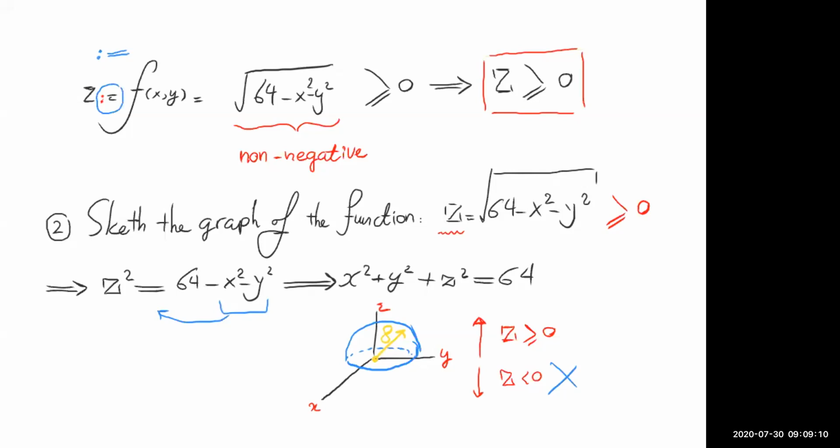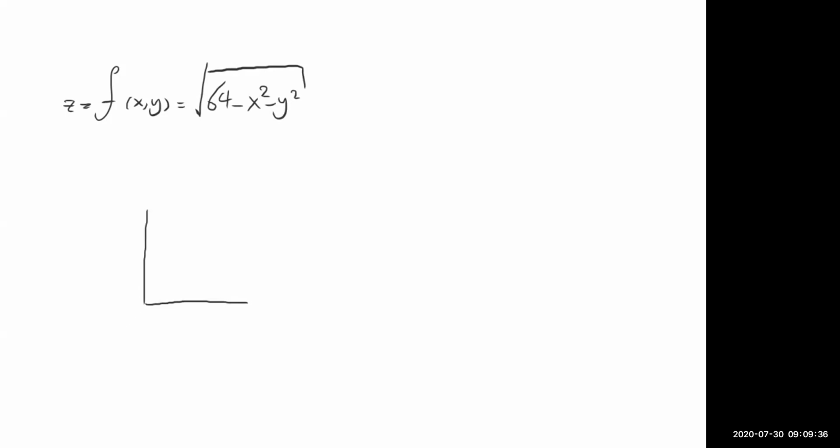When we have the graph of the function, so z is equal to f of x and y equals the square root of 64 minus x squared minus y squared, if we look at the graph of the function, we have a semisphere with radius 8.